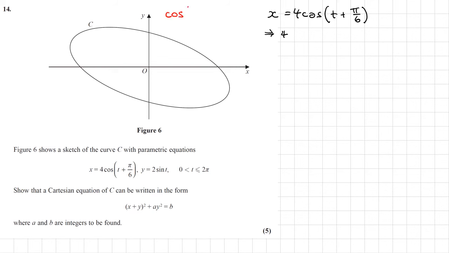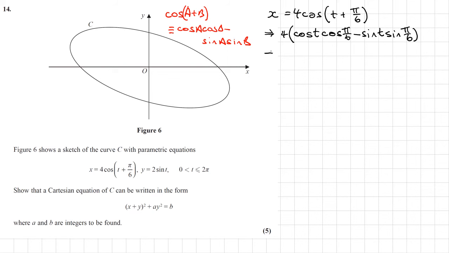If we've got cos and here we've got a plus b, that's going to be equivalent to cos a cos b minus sine a sine b. So we'll have 4, and then in brackets cos a, that's cos t, cos b, so that's cos pi over 6, minus sine a, so that's sine t, sine b, which is sine pi over 6.